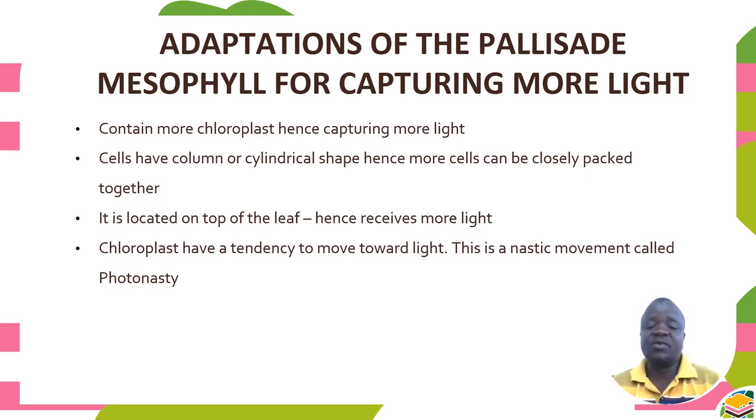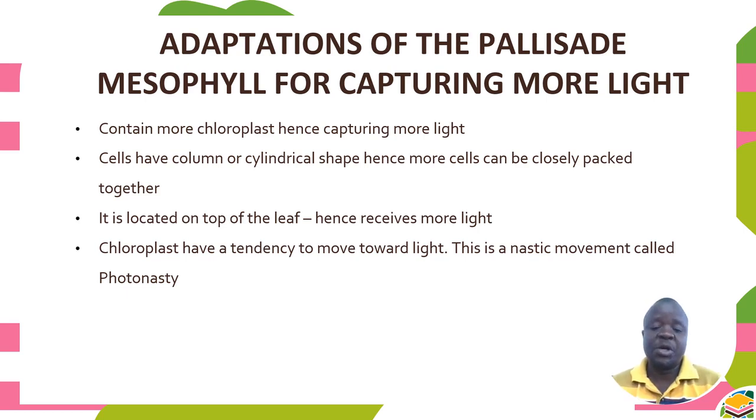This tendency to move towards the light, biologically, we call photonasty. Photonasty is a nastic movement. When you go to Form 4, you will look at nastic responses in plants. Nastic responses are movements made by plants, but not in relation to the direction of the stimulus.